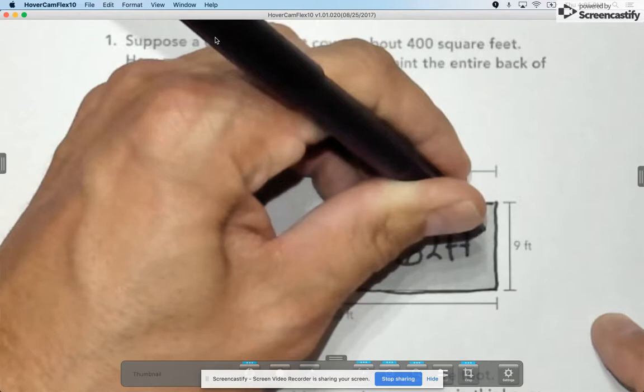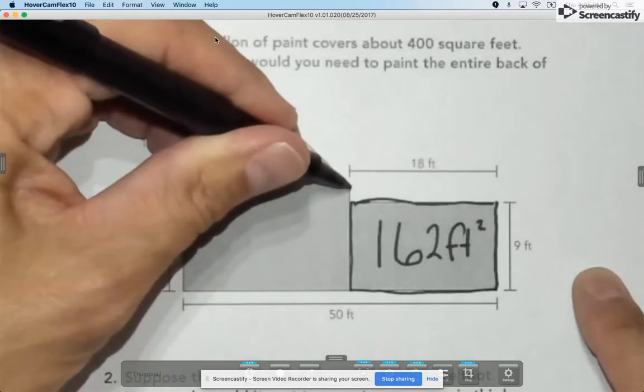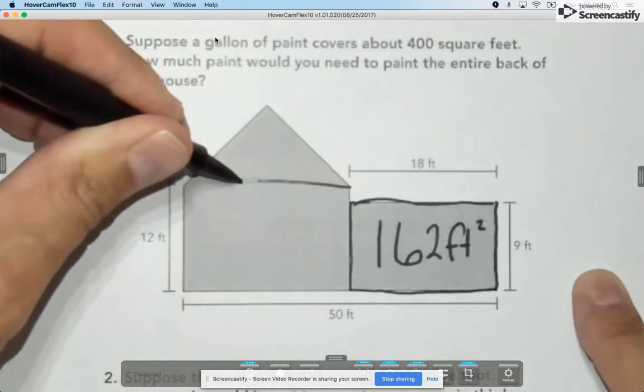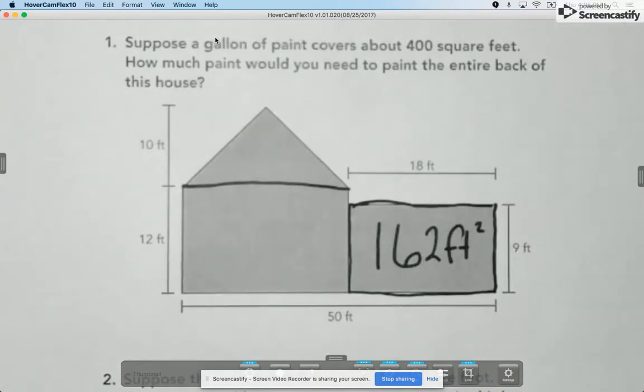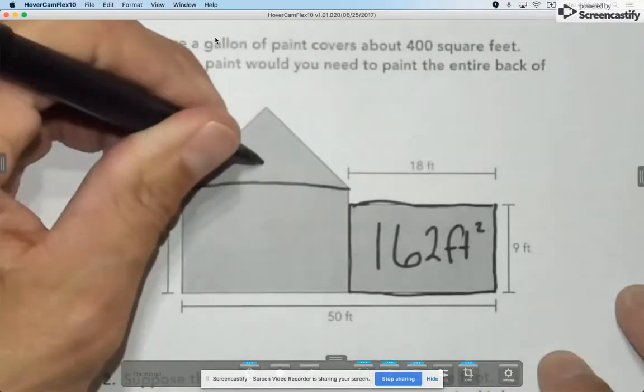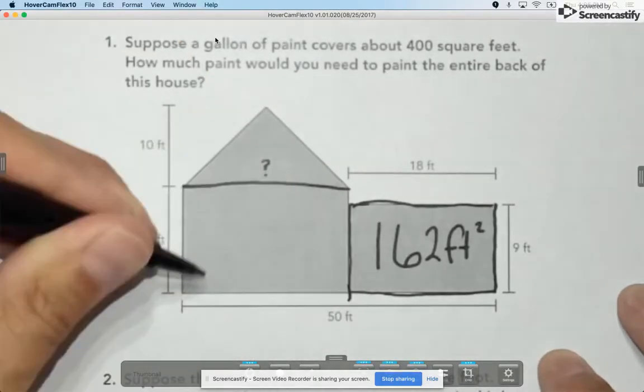This other one I can't quite figure out, so I would have to decompose it, or break it up, into two different shapes that I know how to make. I would make a bigger rectangle and then a triangle. What I'm having trouble with is what this dimension is right here and what this dimension is right here.